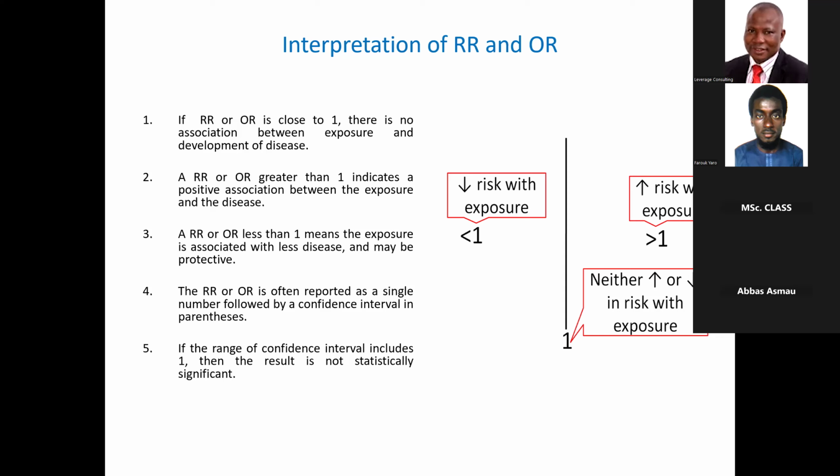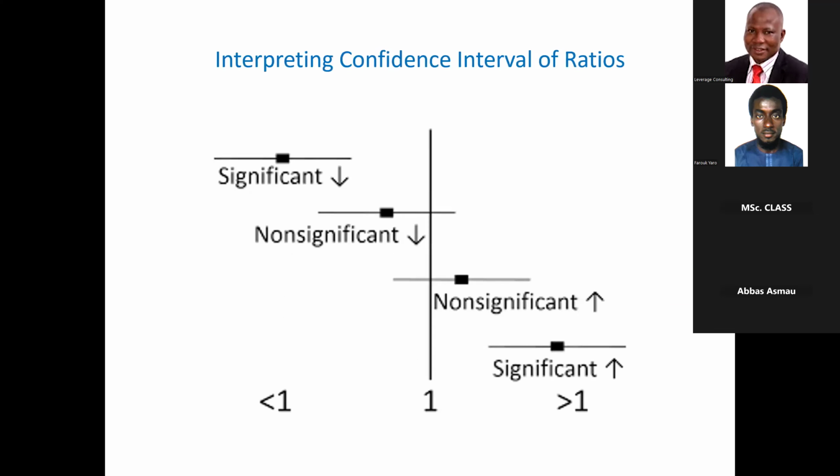If it's greater than 1, it means that particular exposure causes the disease. If it is neither greater nor less than 1, it means there's no risk, there's no association.